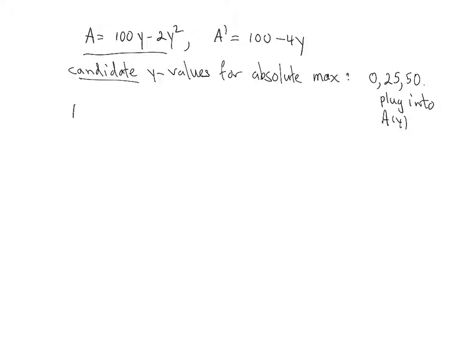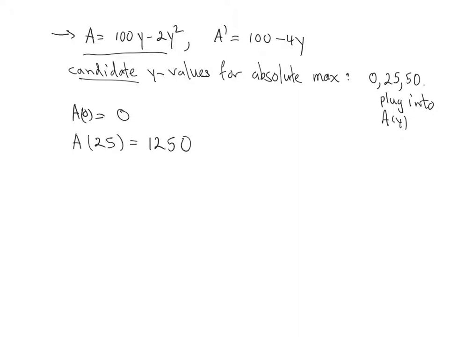So A of 0, well, that's 0. I just plugged into this function up here where the arrow is. A of 25, okay, if I compute that area, it's 100 times 25 minus 2 times 25 squared, and that's 1,250.